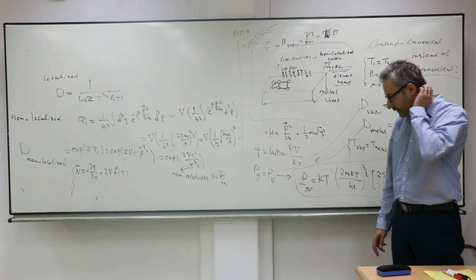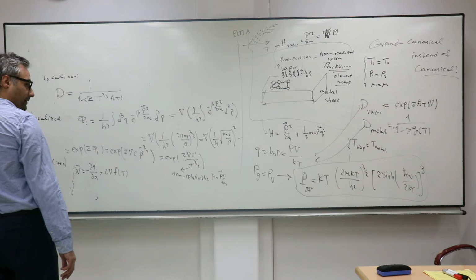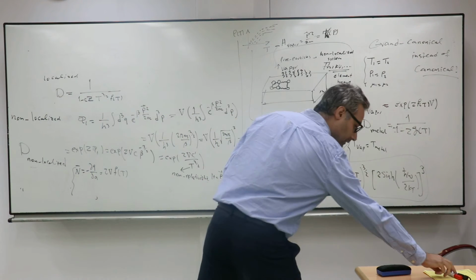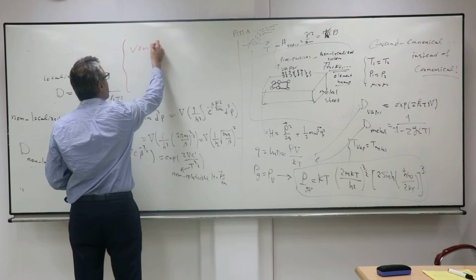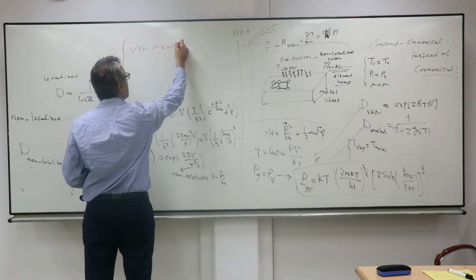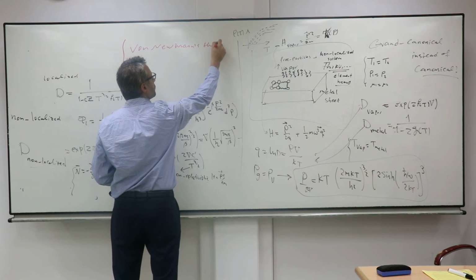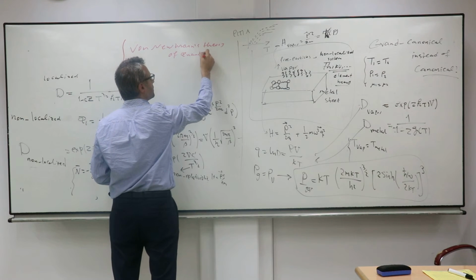So after this chapter, we will go to 3 more chapters to see what we can do. The important thing after this will be the Feynman theory of quantum statistics.